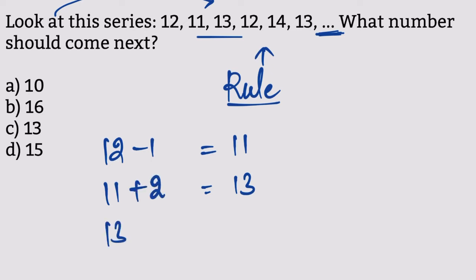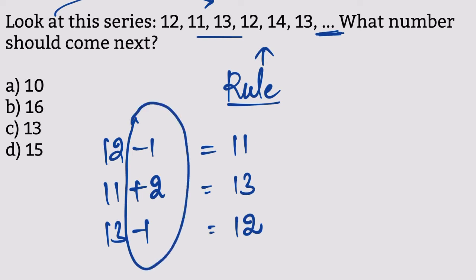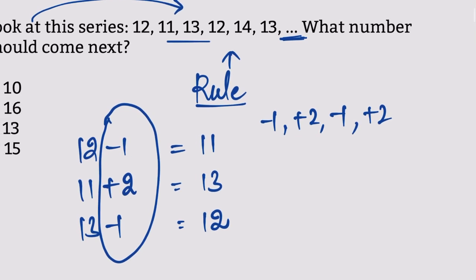Then from 13 they have gone back to 12. How do you go back from 13 to 12? All you have to do is deduct 1 and you will end up with 12. That means in this case the rule which they are following is -1, plus 2, -1, plus 2 and so on. Now let's look at this series.